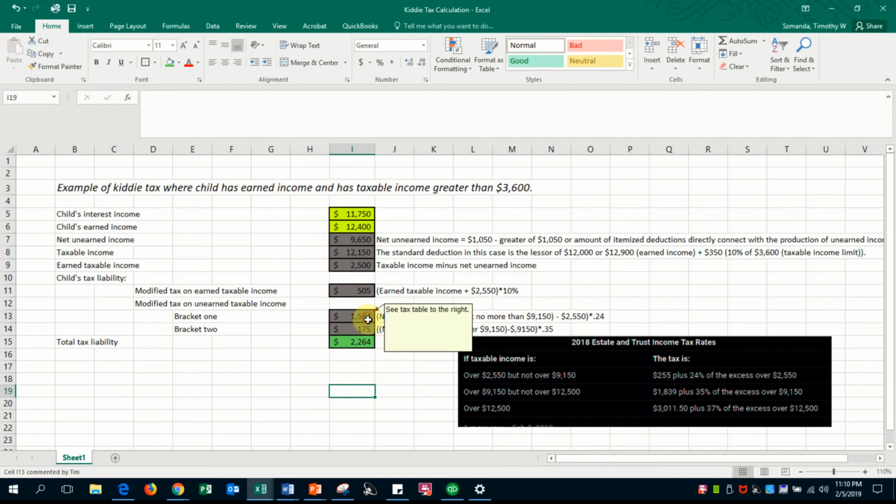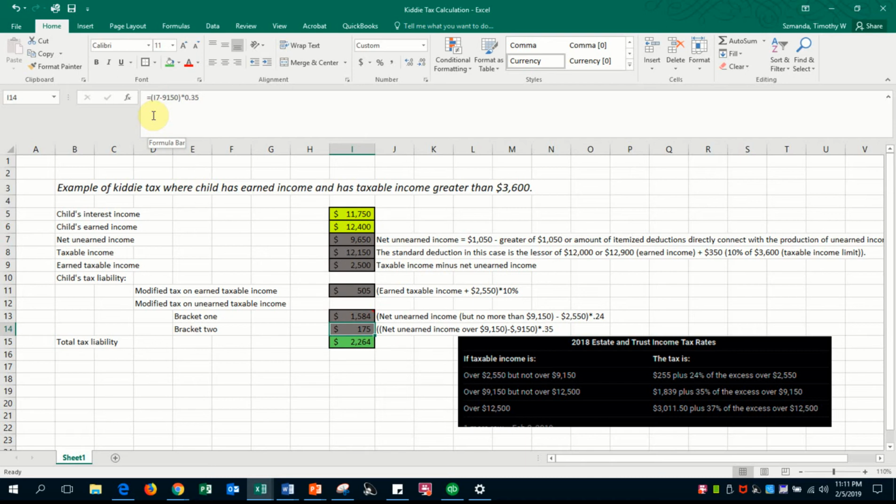All right, so that only taxes, however, and I have that written out to the right here as well. However, that only taxes all of the unearned income up to 9150. Now we're into the next tax bracket, and it's the amount by which that net unearned income of 9650 exceeds this 9150 that we will multiply by 35%.